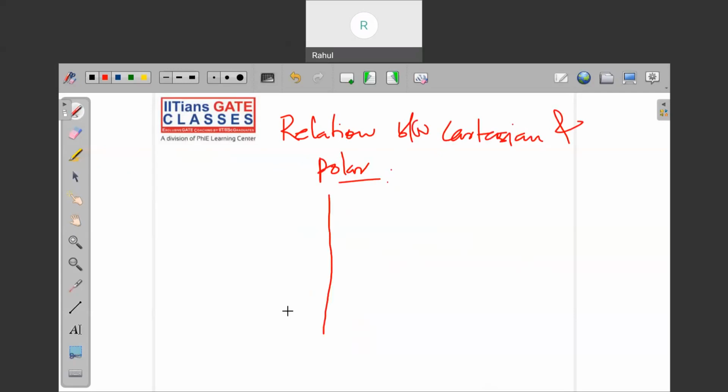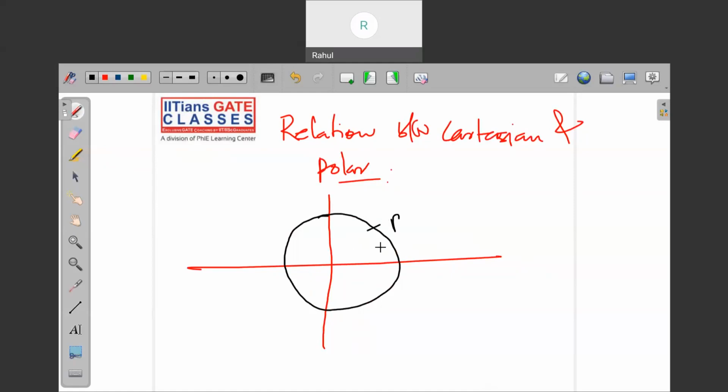Let me draw the circle again, of constant rho, and there is a point P. Draw the perpendicular from this point P to the x-axis, so this will be x. Draw the perpendicular to the y-axis as well, so this is y, and join the point to the origin. There is an angle phi. So this is rho and phi, or you can say x and y as well.